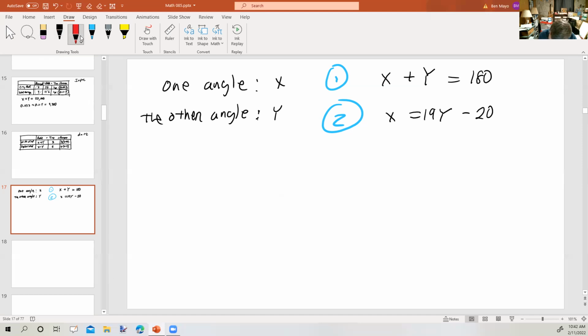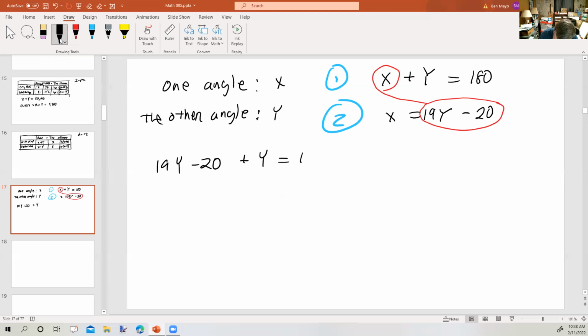I'm going to take this and put it right here. That's going to give me 19y minus 20 plus y equals 180 degrees. Combining like terms, 20y minus 20 equals 180 degrees.